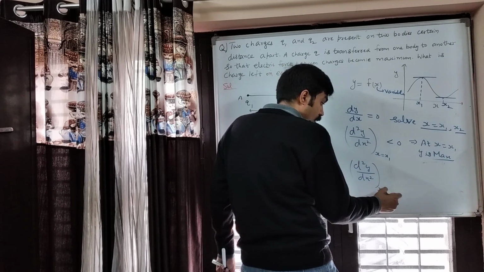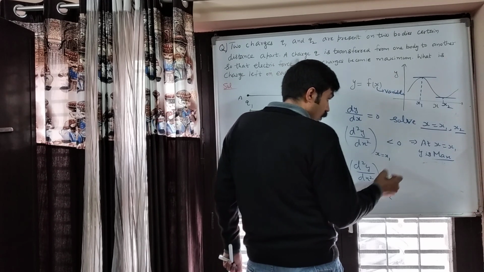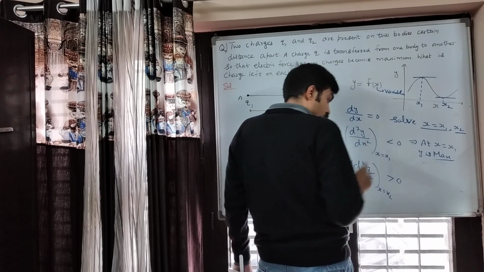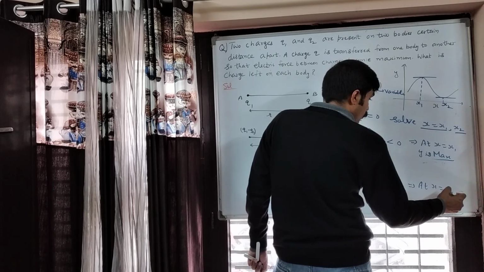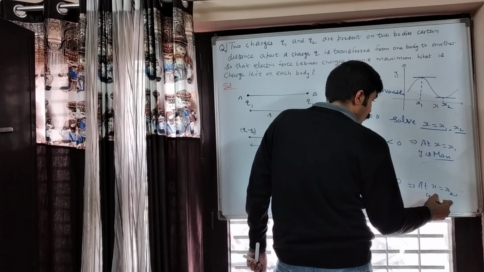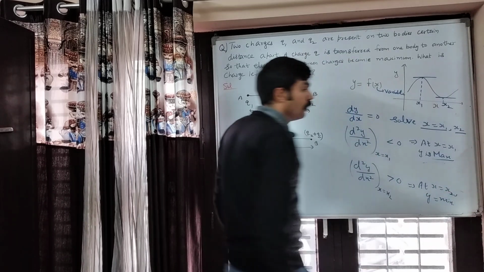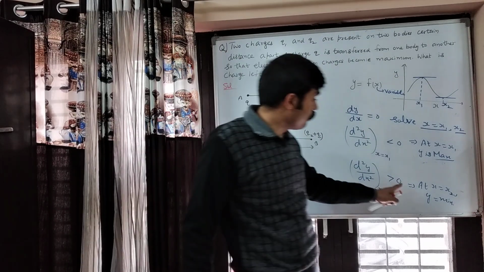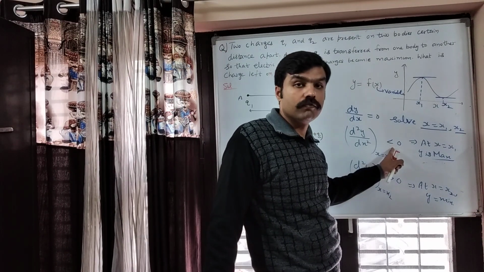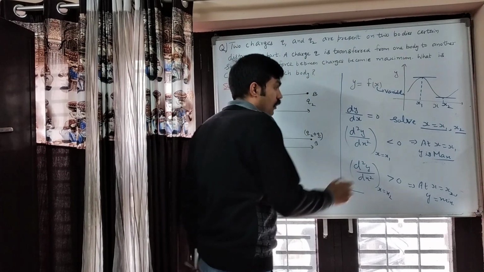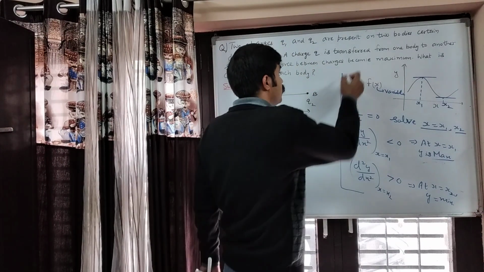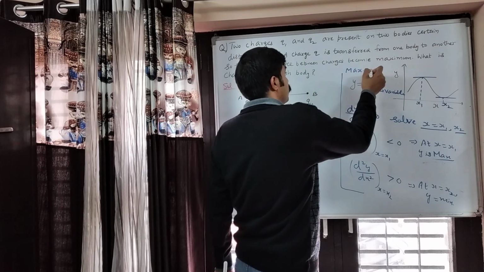So at x equal to x2, according to this graph, the value will be positive, and then at x equal to x2, y is minimum. For minima, the second derivative will be positive. For maxima, the second derivative will be negative. This theorem you had done in class 11. We'll call this theorem the maxima minima theorem.